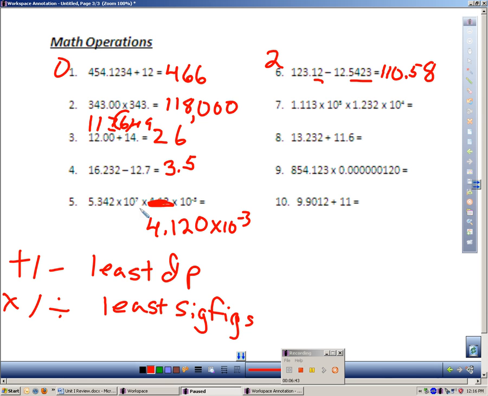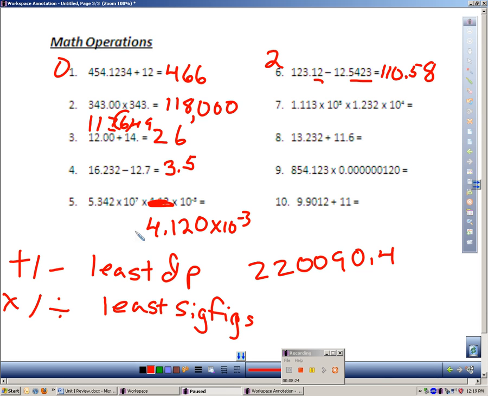Now you see why I didn't want you to do 3 sig figs. So we have this number, 22090.4.